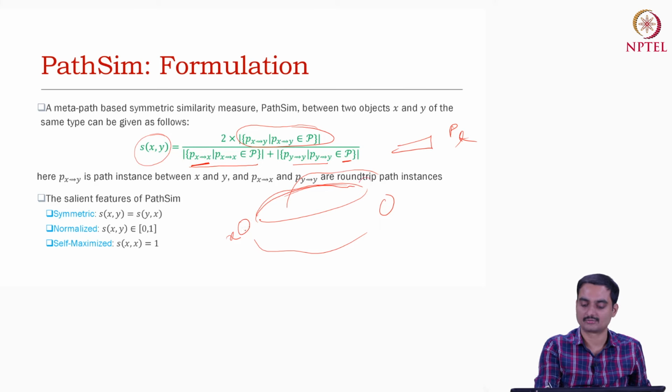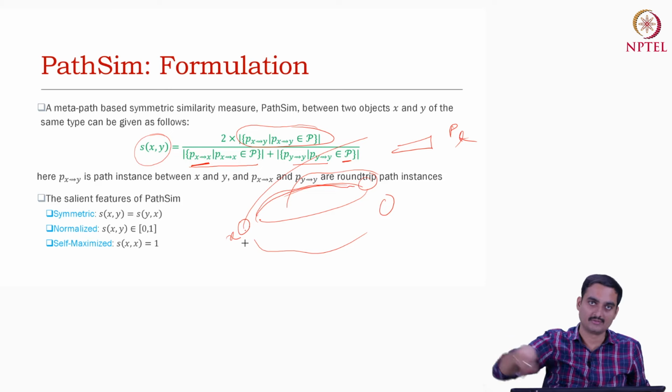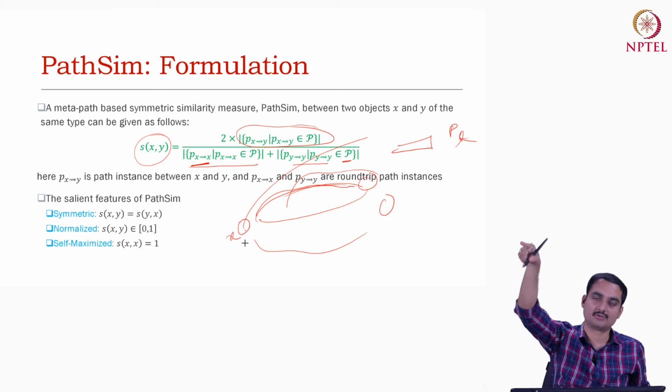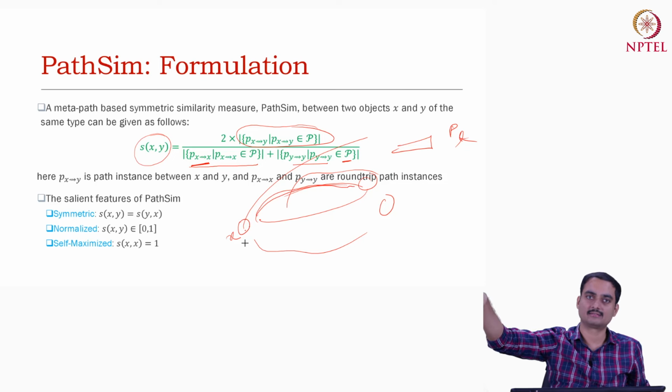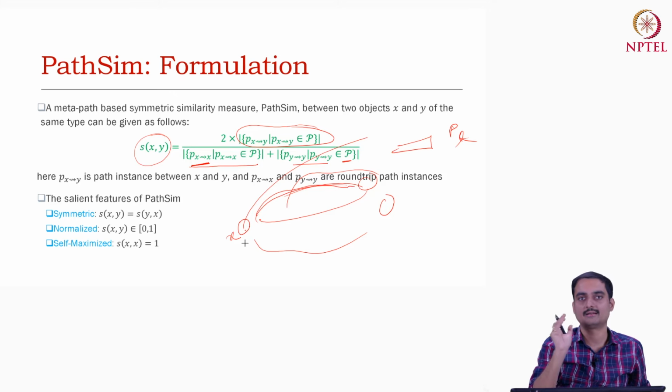It may move from x to z, x to p, doesn't matter. So how many such round trip paths are there which start from x, follow the metapath and again come back to x? How many round trip paths are there for y, starting from y, moving through some nodes and again coming back to y? And how many such round trip paths cover both x and y?